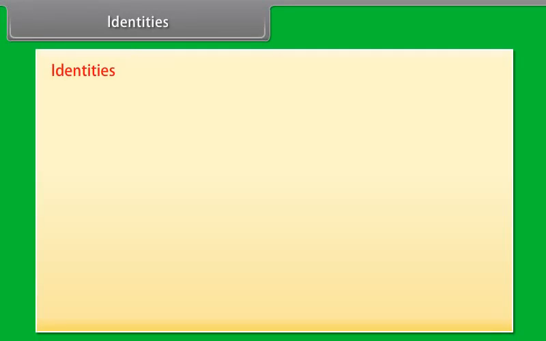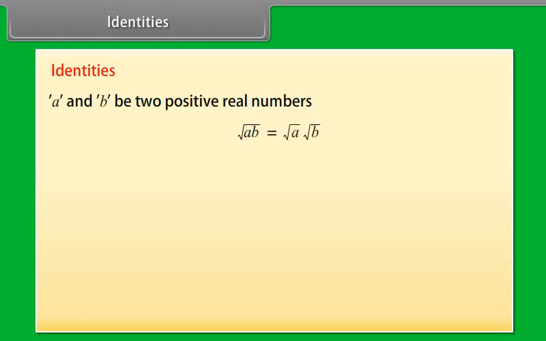Identities. Now let us go through some identities related to square root. Let a and b be two positive real numbers. Then square root of ab is equal to square root of a into square root of b.